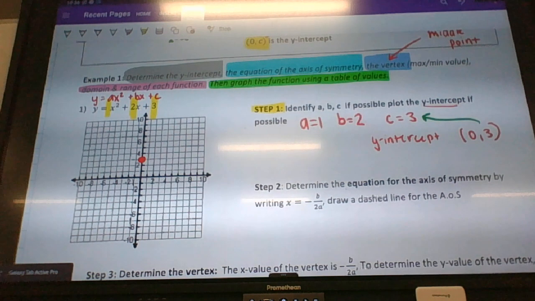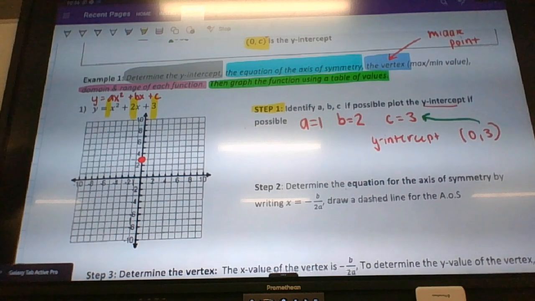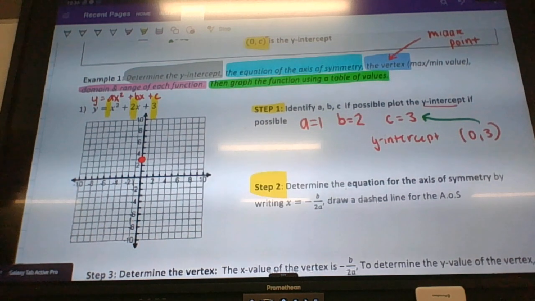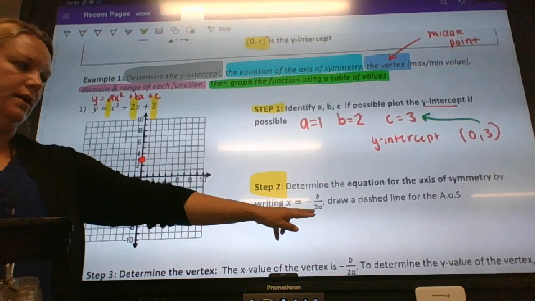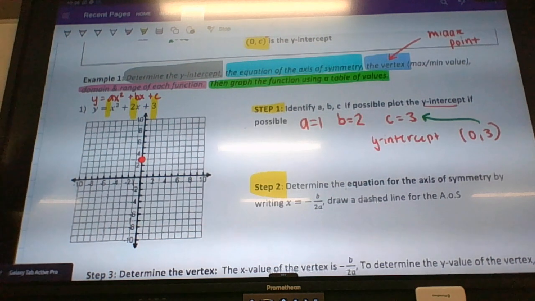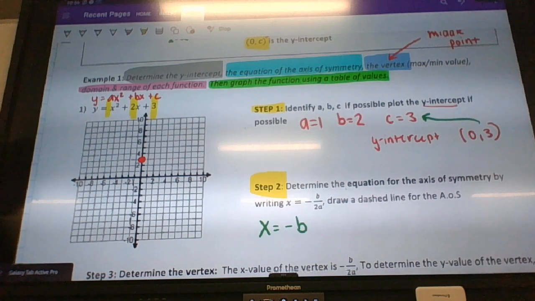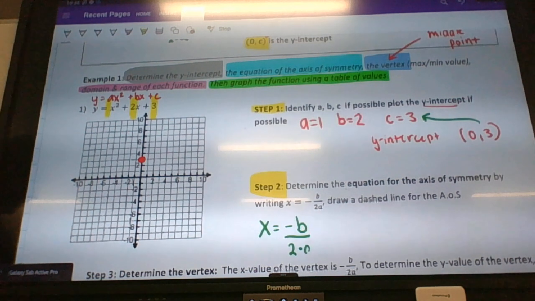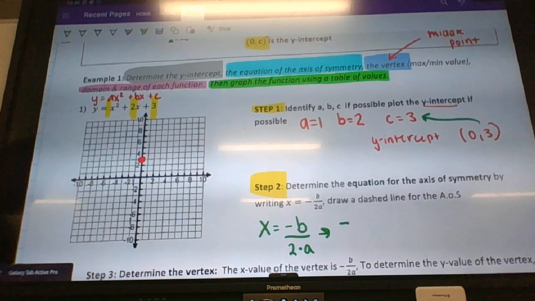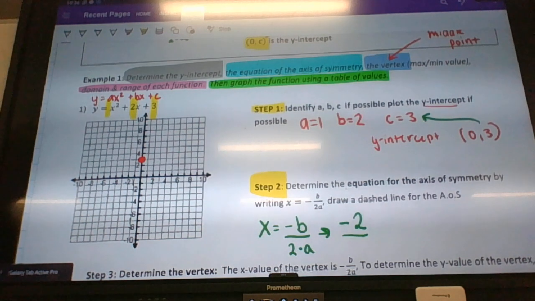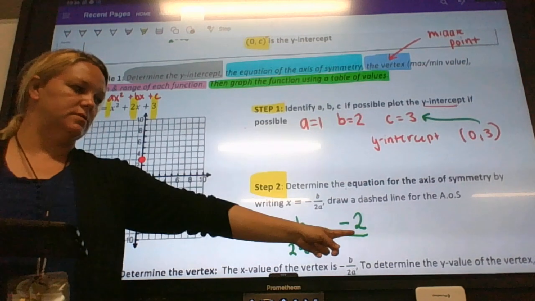Okay, then step 2 is to do the whole formula, that whole middle line, negative b over 2a. So since b is 2, that's what I put in.